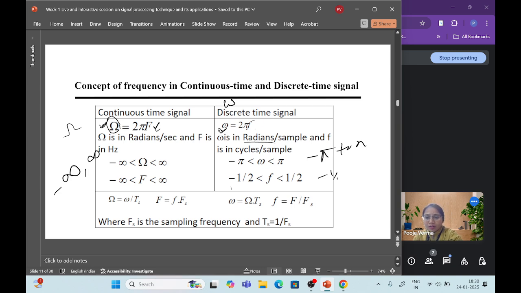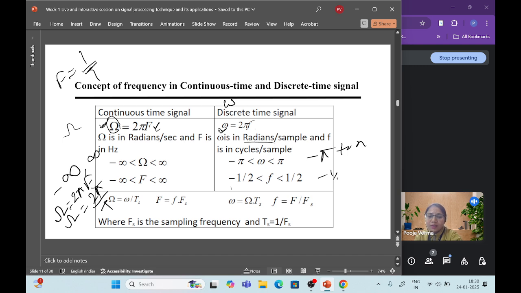And already we know that omega is 2 pi f, right? And f is equal to 1 by T. So from here we can find the relation between continuous time and discrete time. Here omega can be 2 pi by T also.